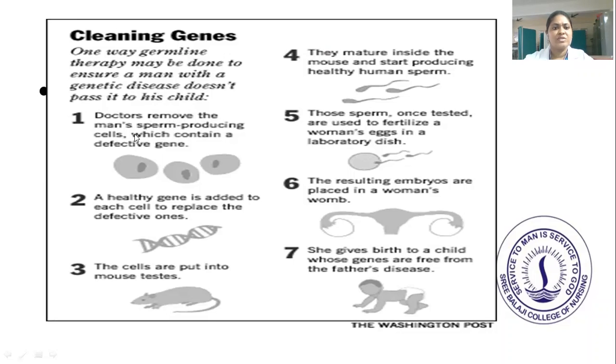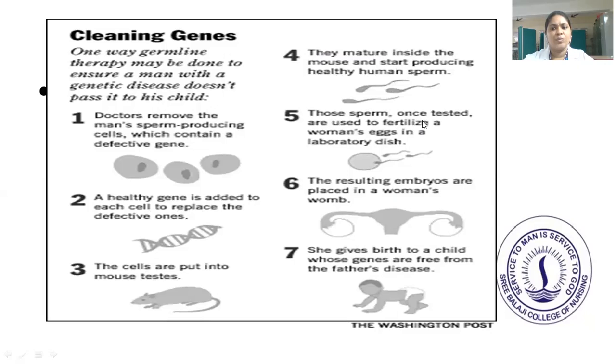The doctor removes the man's sperm-producing cells which contain a defective gene. Next, the healthy gene is added to each cell to replace the defective one. And the cells are put into a mouse testis. They mature inside the mouse and start producing healthy human sperm.